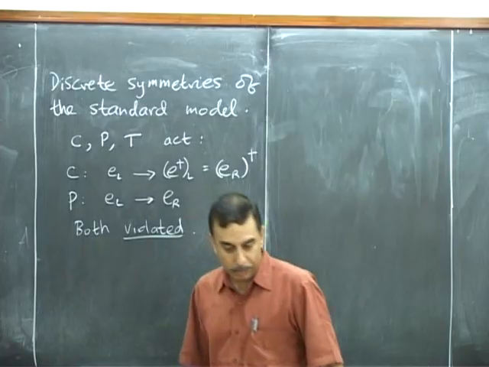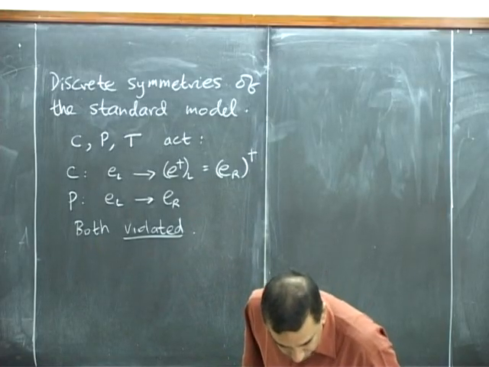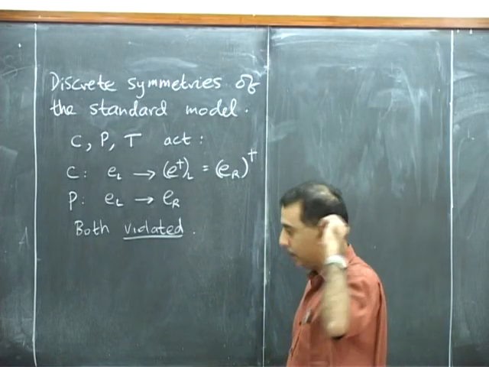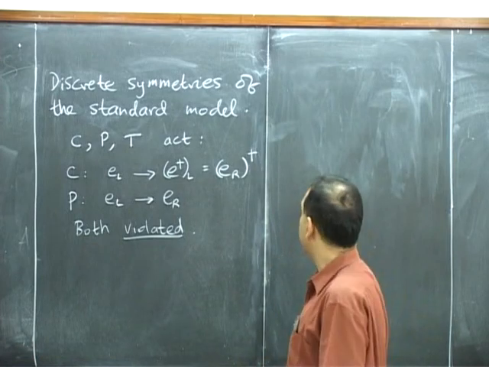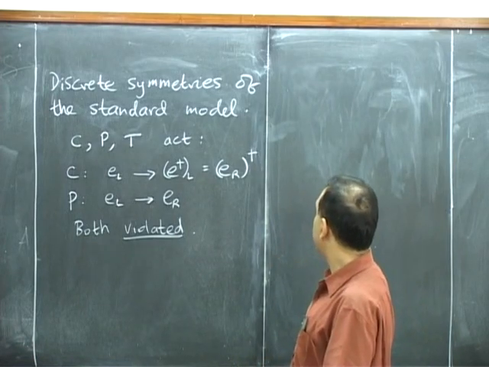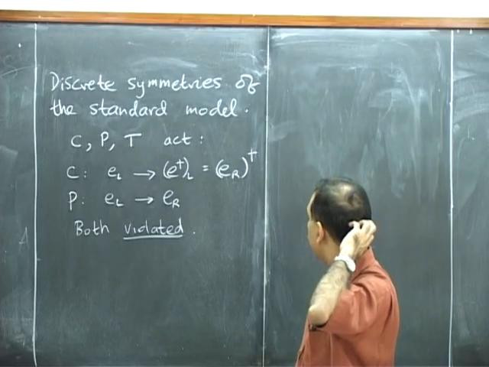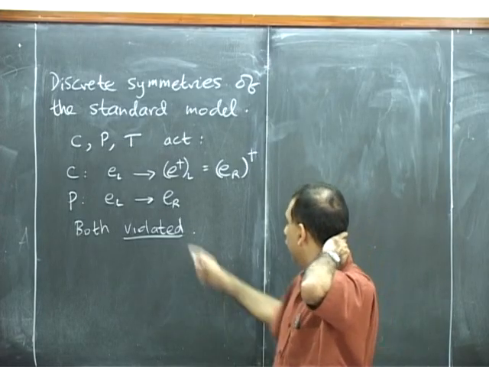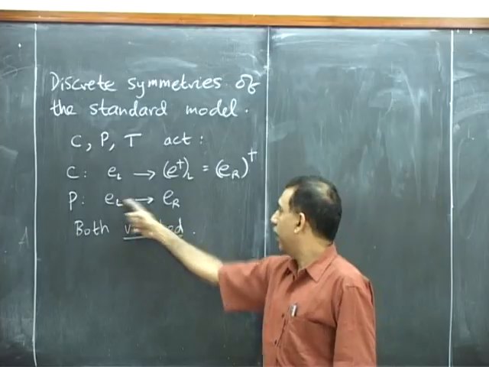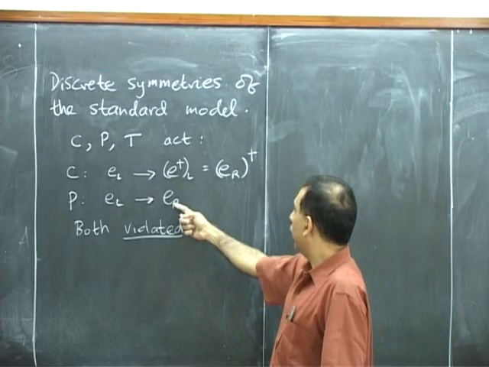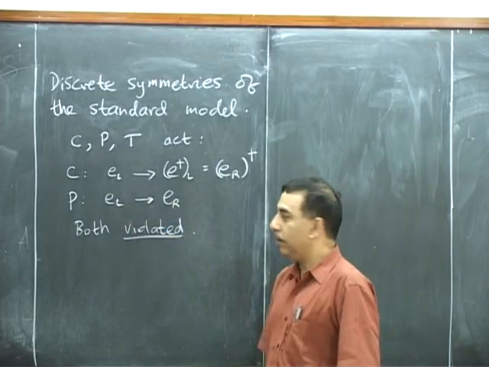The situation is somewhat better for C times P, because what C times P does is to actually transform this thing first by sending it to E right by P, and then C will dagger this thing.